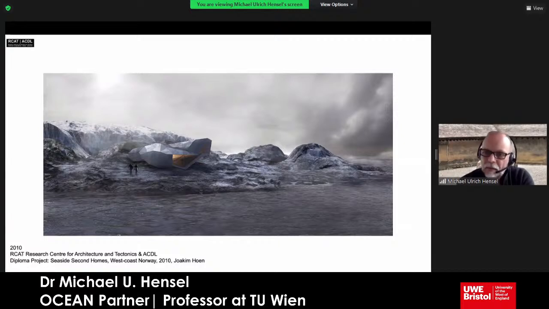Then this became sort of recognized within the context, and people started doing diploma projects on this. Here was one guy who wanted to do a kind of holiday home on the west coast of Norway. This is not very densely vegetated, so you have only these rocks.